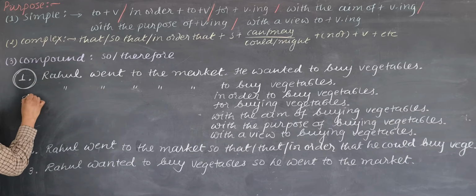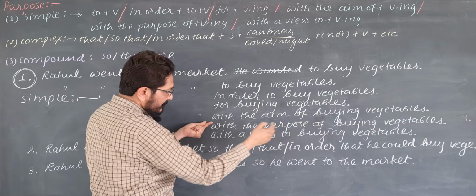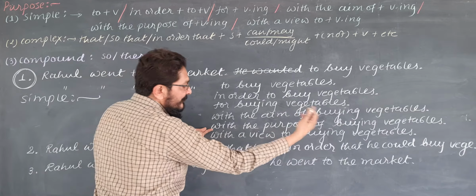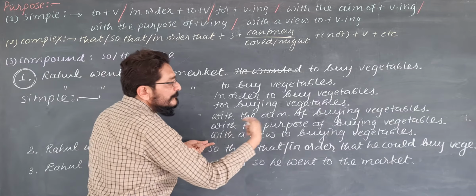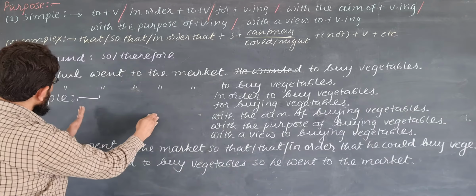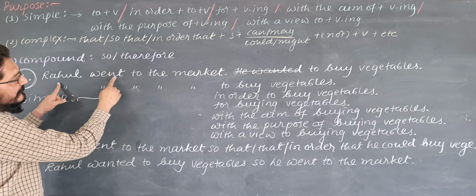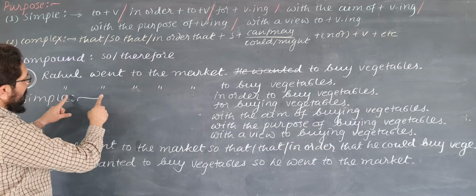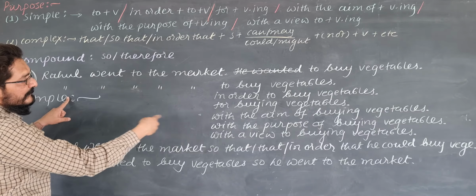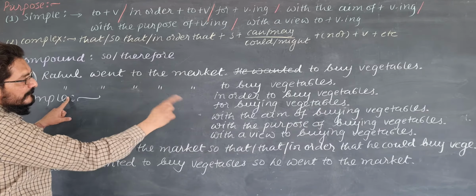See, Rahul went to the market to buy vegetables, in order to buy vegetables, for buying vegetables, with the aim of buying vegetables, with the purpose of buying vegetables, with a view to buying vegetables. The result sentence will be as it is. Rahul went to the market to buy vegetables. Rahul went to the market in order to buy vegetables. Rahul went to the market for buying vegetables.